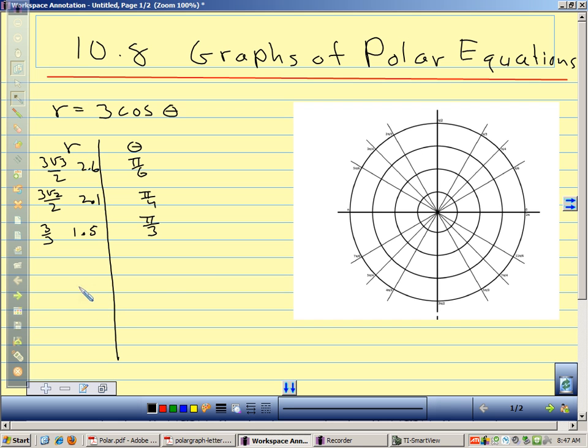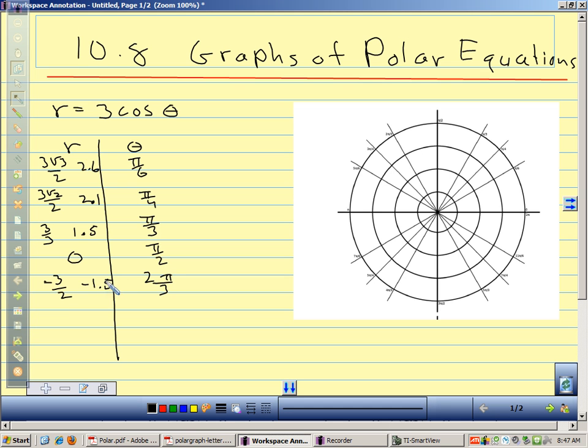When we plug in pi over 2, cosine of pi over 2 is 0, so we just get 0. I'm going to go around a little further, 2 pi over 3. These start repeating now, and we end up with negative signs, so I'm not going to go through each calculation. This comes out to minus 3/2, or minus 1.5.